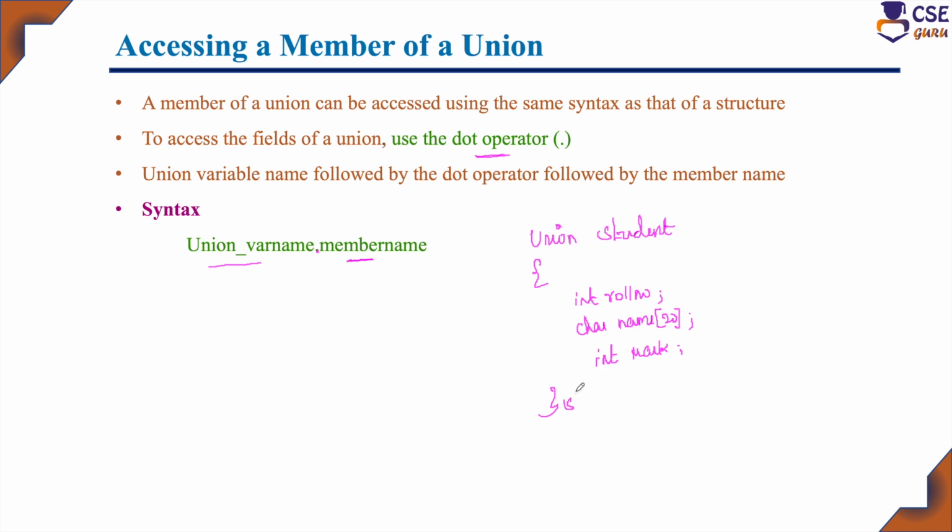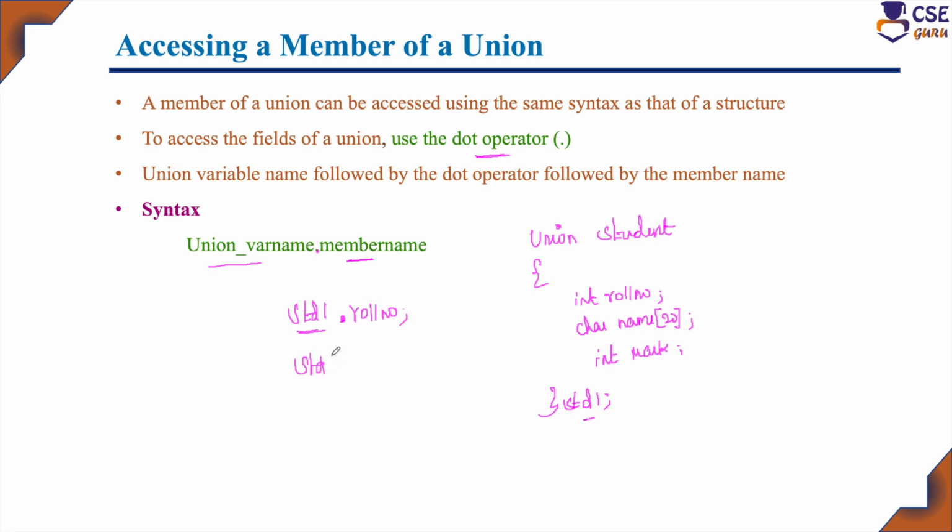And here I am declaring the union variable name std1. This is the union variable name. To access a member, std1 dot roll number. You should not give any space; continuously give the dot and then the member name.